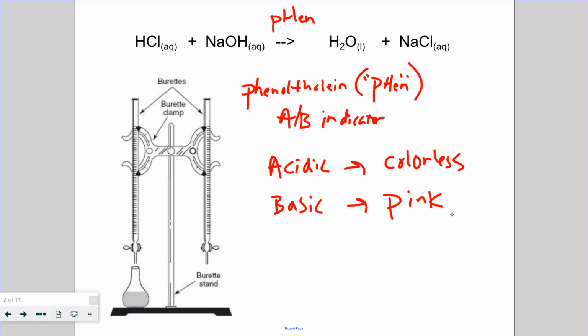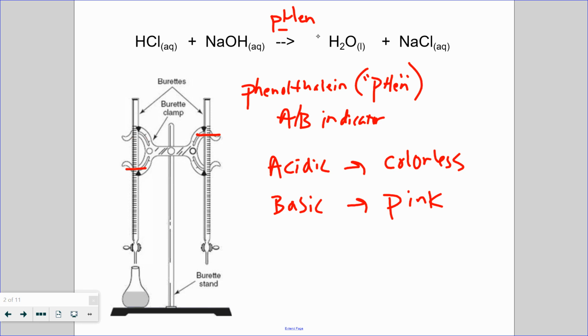So what I want to do is, if I back up just a little bit here, when I pour my HCl in here in the beginning, right? Remember, I was up here somewhere, and then I went ahead and poured some in, and now I'm down to here. Before I start adding any sodium hydroxide, right? Sodium hydroxide's still up here. Then what I'm going to do is put a few drops of phenolphthalein in there.